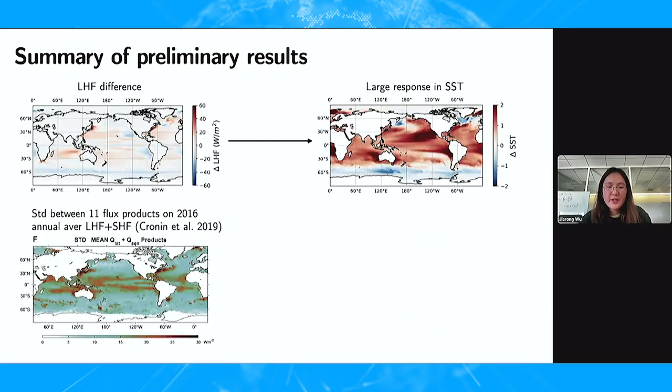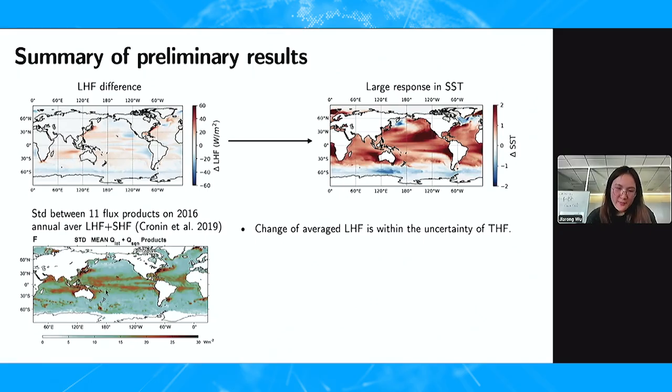So in summary, these are pretty preliminary results, but given a latent heat flux difference, that is not that outrageous, I would say, because, for example, the bottom is, for context, a standard deviation between 11 flux products on an annually averaged turbulent heat flux.